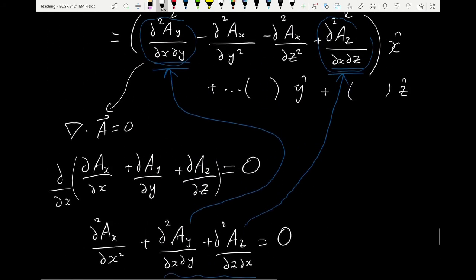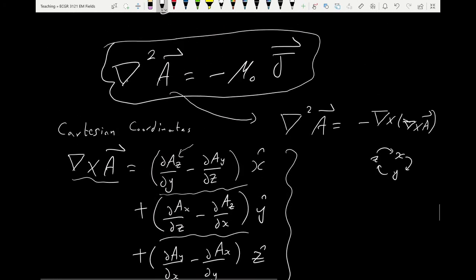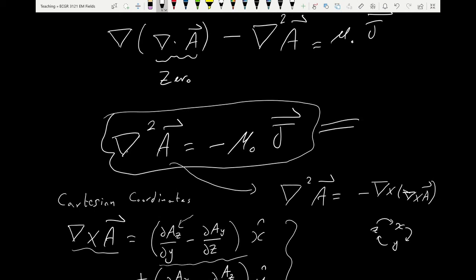Right? So going back to this equation, I know that as a vector, its components are the Laplacians of the components. So we have the Laplacian of Ax x hat plus the Laplacian of Ay y hat plus the Laplacian of Az z hat.